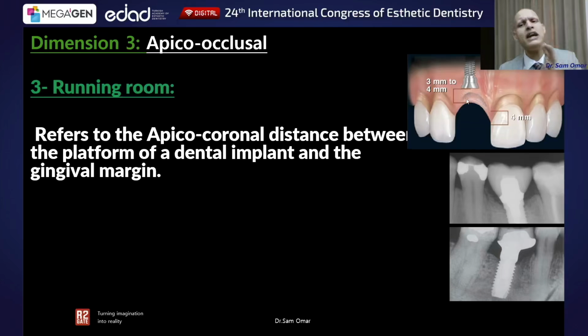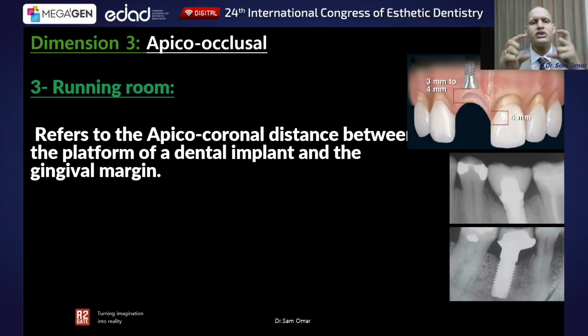And we need to make sure that this distance is at least 3 to 4 millimeters. The reason why we do this is we want to make sure that we have enough space for the biological width of the implant. And we need to make sure that we have enough space for us to transition from the circular diameter of the implant to the final diameter of the tooth, which is usually not circular.